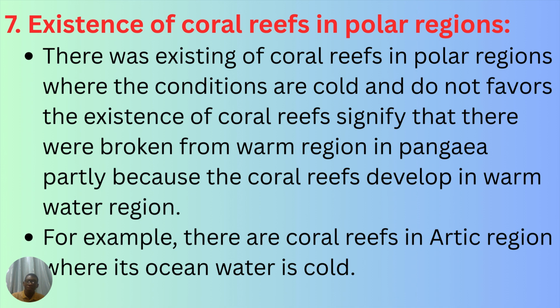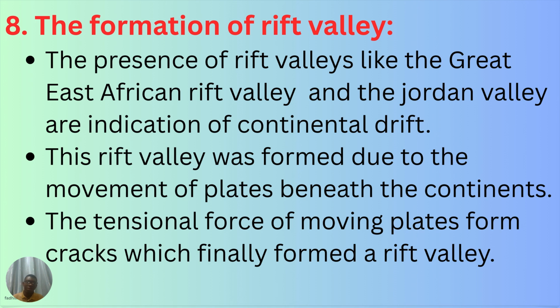That's why the distribution of coral reefs in polar regions, where there is a cloudy condition, which is not a necessary condition for the development of coral polyps, indicates that the continent was once a single one, as you have seen, the Pangaea. So after the splitting of this continent, we see these coral reefs in areas where the necessary conditions for their formation are not present.